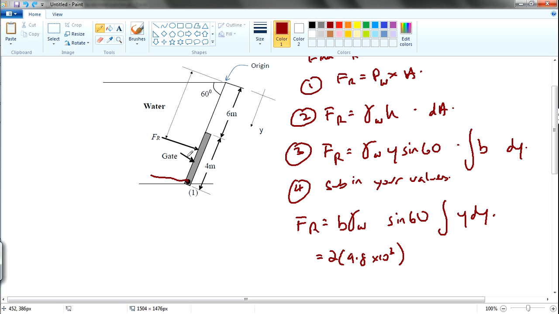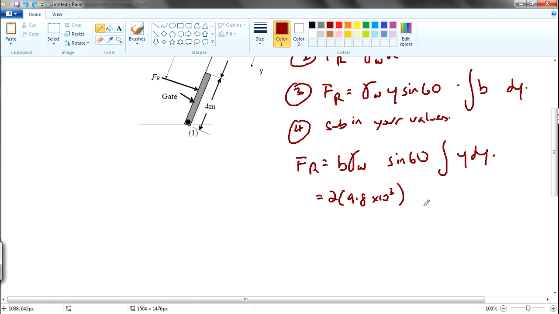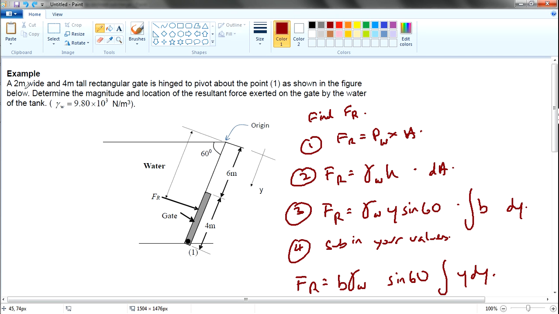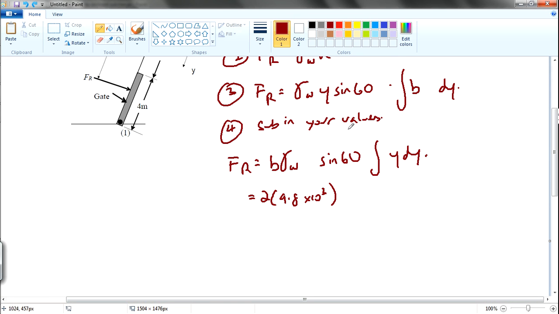So you bring the b out and you bring the y in, you substitute the values, and then you get this. b itself is 2 meter as defined, 2 meter wide. If it's cm, you have to make sure you write cm or meter. In this case it's meter, so we are safe. Then you just substitute all the values, so it'll be sine 60 and then y dy.